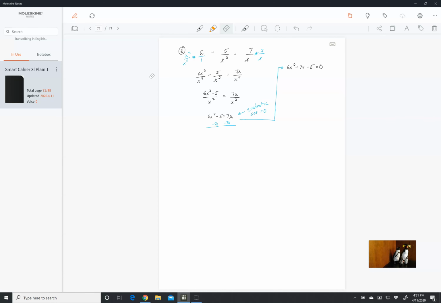And we're going to say, is this factorable? We're looking for numbers that multiply to -30 and add to -7. I'm going to put that in here, just for my own benefit in terms of doing the problem.